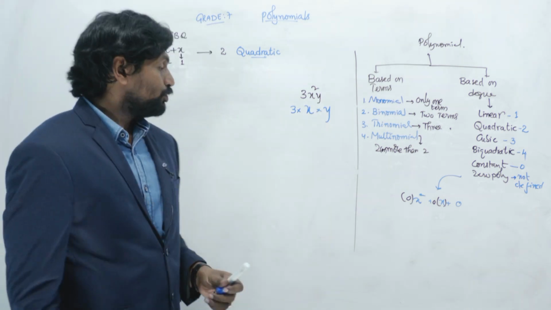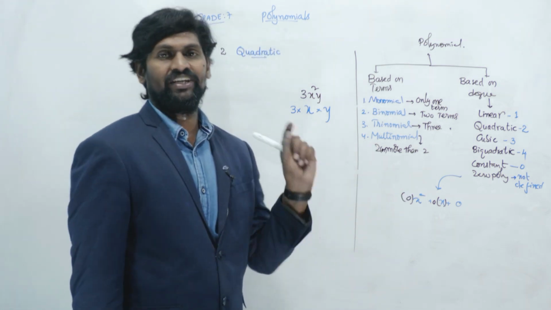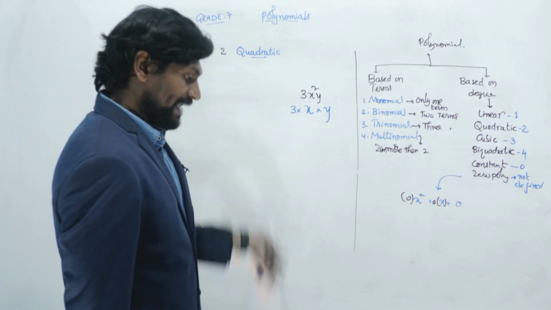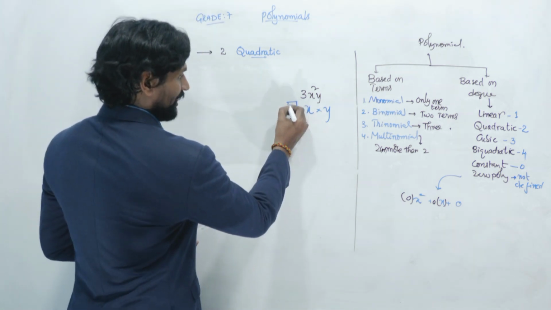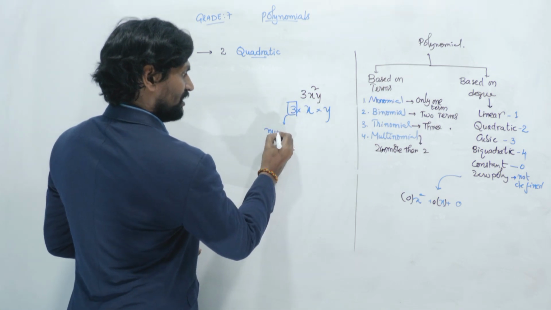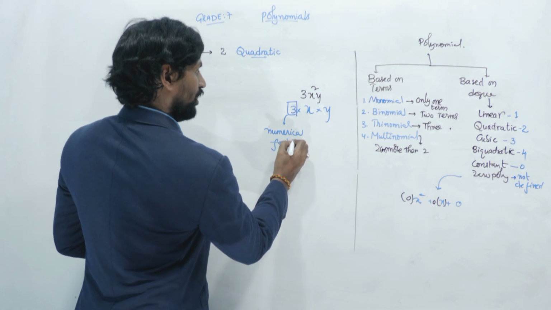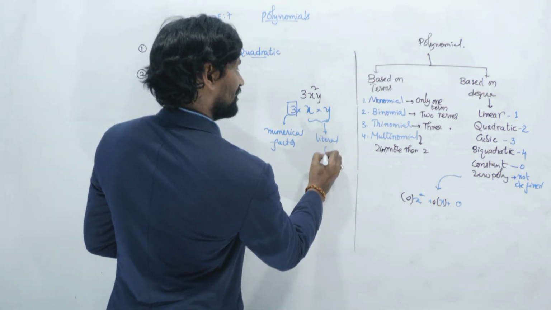We can call variables literals, and numbers numericals. Here 3 will be the numerical factor. And the variables are called literal factors.